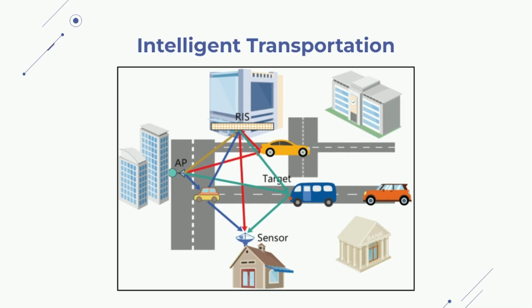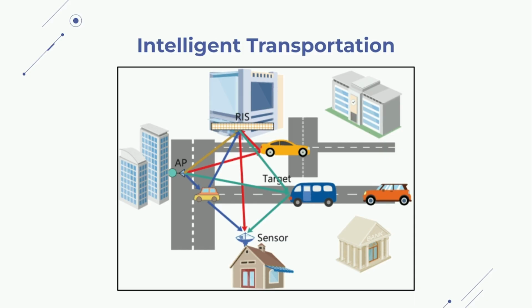This is a conceptual image of the RIS-assisted DOA estimation system, and it's the base system model from our paper. On the left, you see the access point, or AP, which emits regular communication signals.